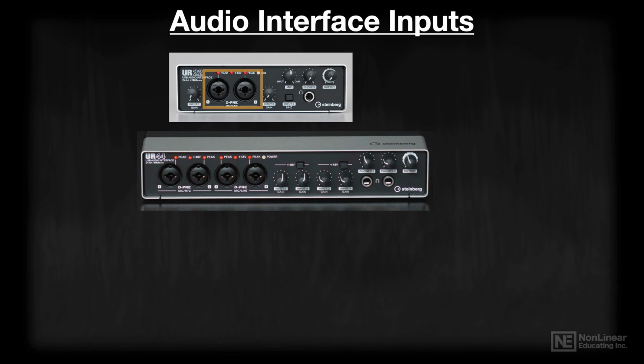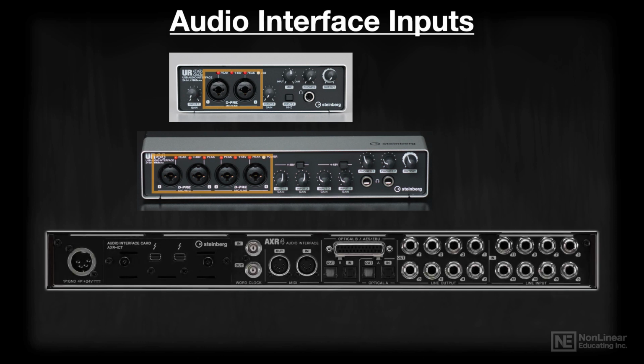But for interfaces that have more inputs than that, for example, this interface has 4 individual inputs, or on bigger audio interfaces, some have a lot of inputs, like this particular interface has 4 on the front and 8 additional inputs on the back. So the number of tracks that I can record simultaneously and their configurations is a little bit different depending on the interface. If I were using this top interface, I could record 1 mono track or 2 mono tracks simultaneously, or 1 stereo track.